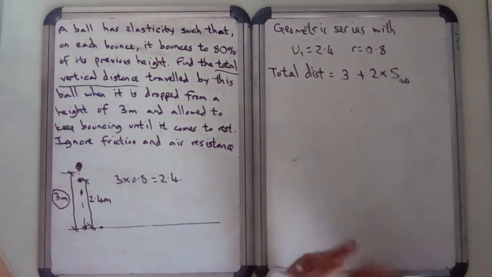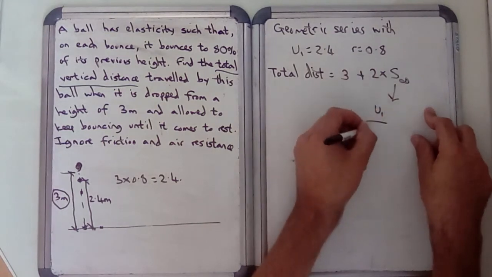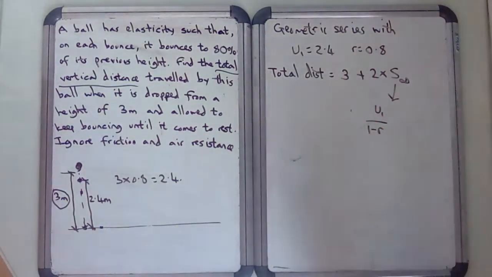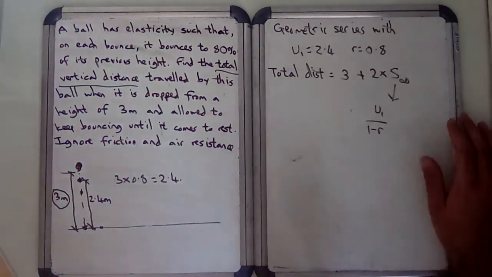So we need to work out this sum to infinity, which is u1 over 1 minus r. Which is a very useful formula to remember. It's not actually in the new IB formula book, but you can get it very quickly from the partial sum if you know that for large n, once the absolute value of r is less than 1, the 1 minus r to the n term goes towards 1, or r to the n minus 1 if you use that one.